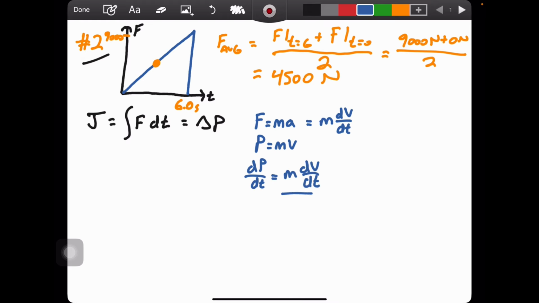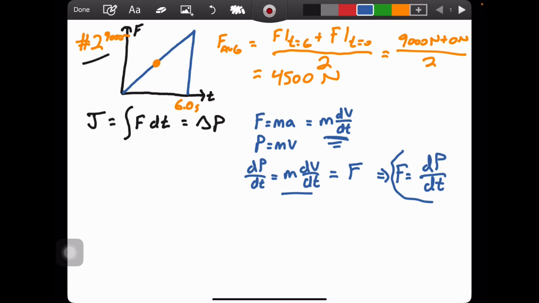This right here is exactly the same as this, and this is a way in which you rewrite force. So this right here is equal to force. In other words, force is equal to dp dt. Force can be expressed as the time rate of change of momentum.